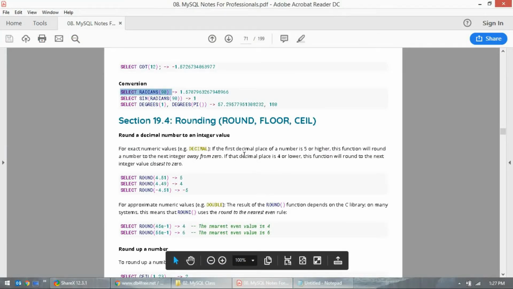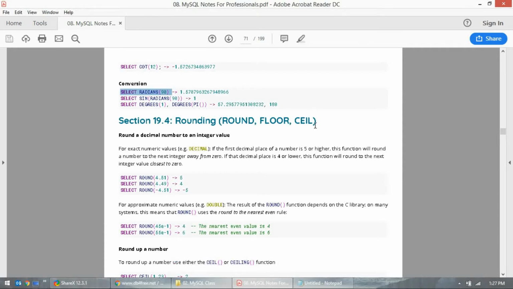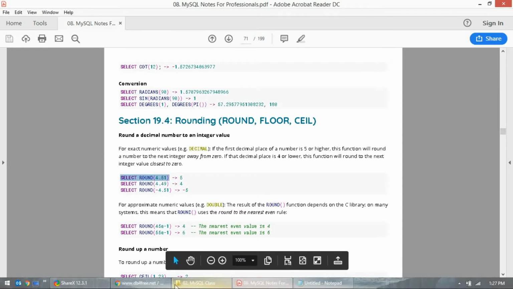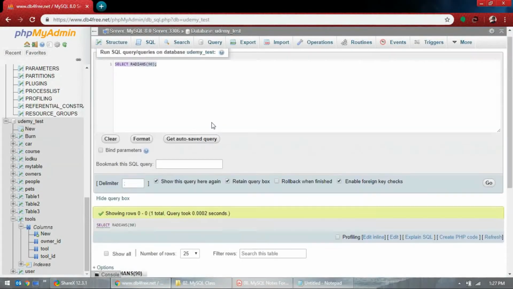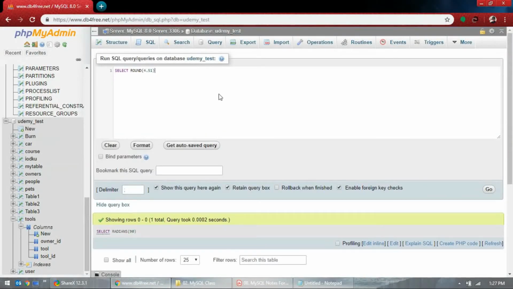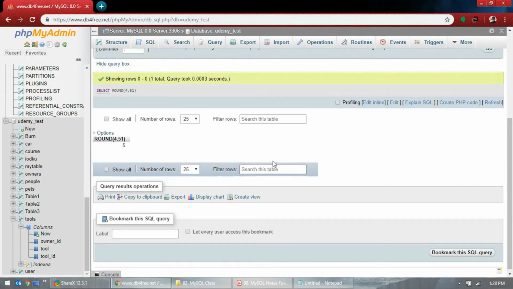Then you have rounding, that means round, floor and ceil. Okay, round 4.51 gives 5, we know round, right? We already know this is third grade mathematics, but we want to do it in SQL, so things become different.